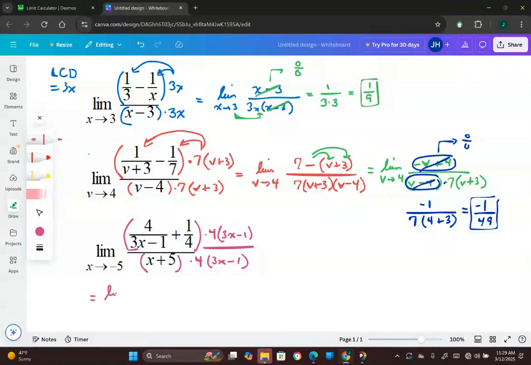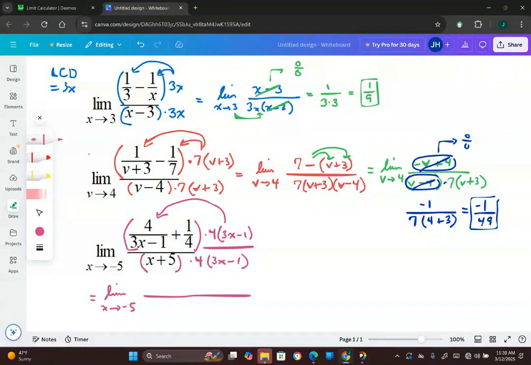So you'll notice also I never hesitate to write down the limit. I have not applied the limit, so I'm still writing the limit as x approaches negative 5. Watch out, your teacher in your class might be picky about that. If you distribute here, the 3x minus 1 is going to cancel.